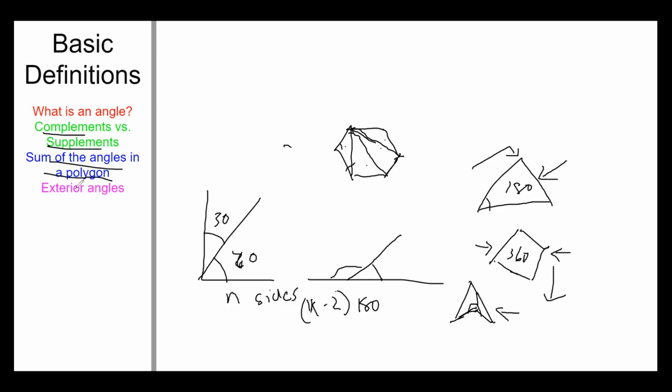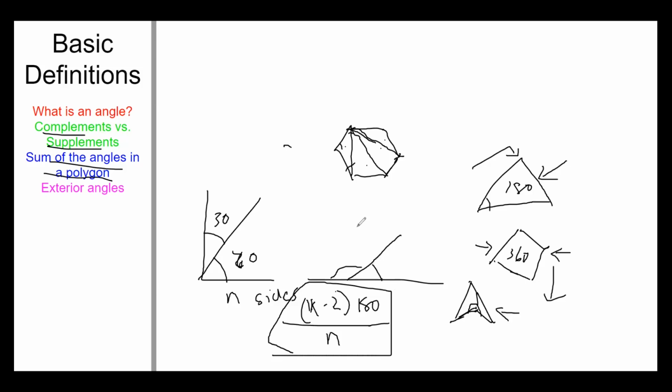All right. So if that's okay, I want to quickly talk about how you divide this by n. If you take this new formula, where you have n minus 2 times 180 divided by n, this number describes the angle measure of a regular version of that polygon.